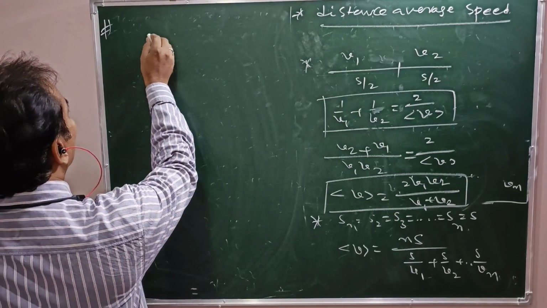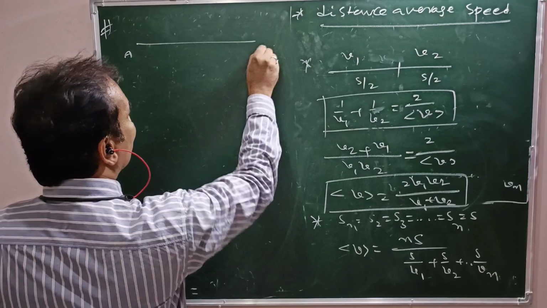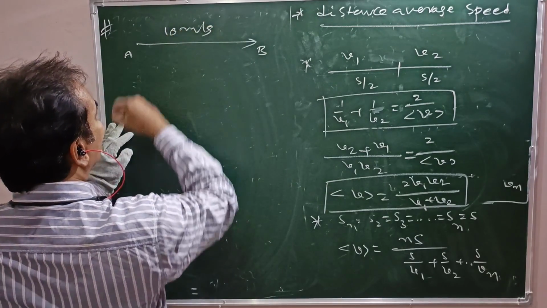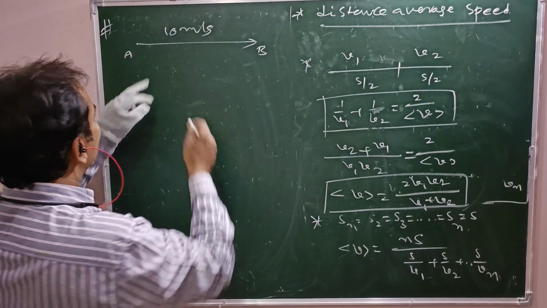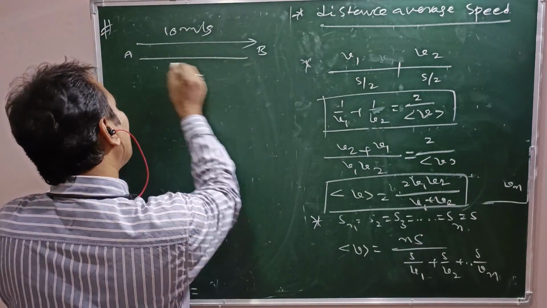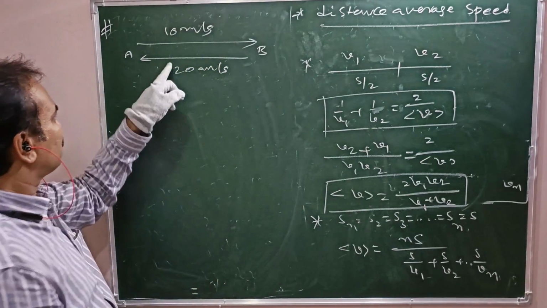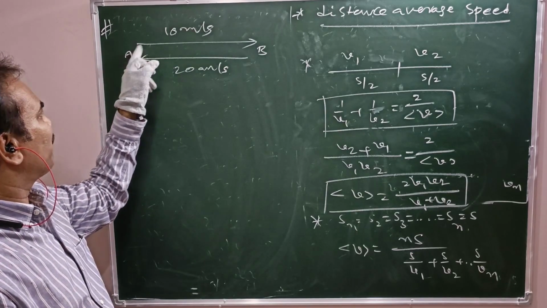Suppose a particle moves from A to B with a speed 10 meters per second and retraces back to its initial position with a speed 20 meters per second. Of course, what is the path followed by particle initially from A to B?